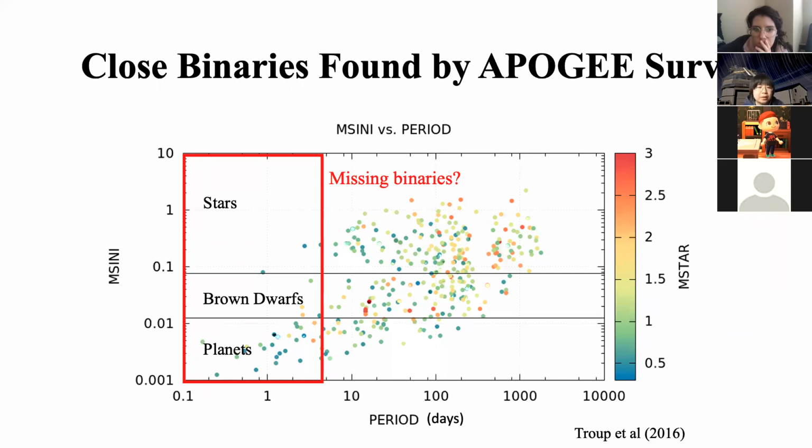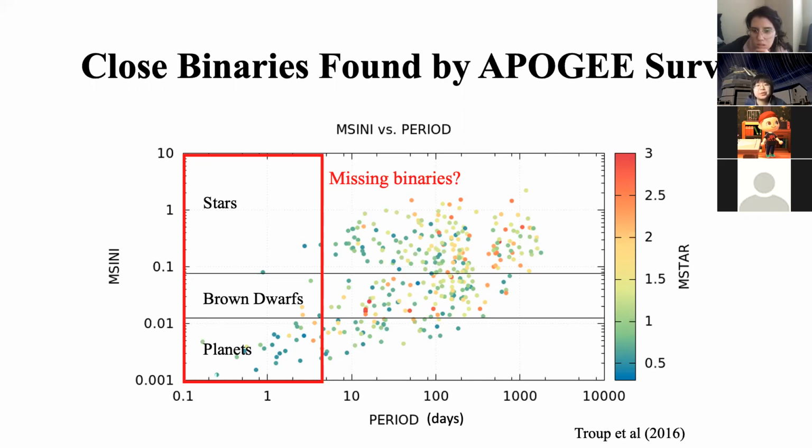And among those observed binaries, there are about 180 systems that contain a red giant star at different stages. The companion masses also vary from planets to brown dwarfs to stars, and they are in a wide range of orbital periods, which provides us a good lab to test tidal theory.